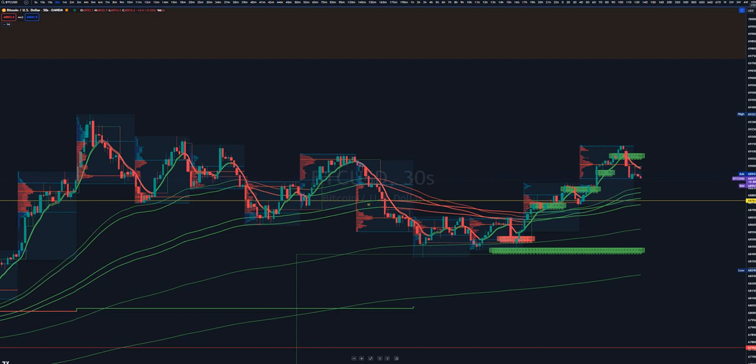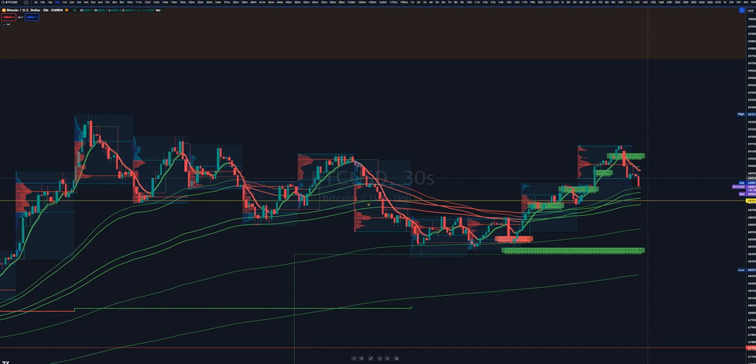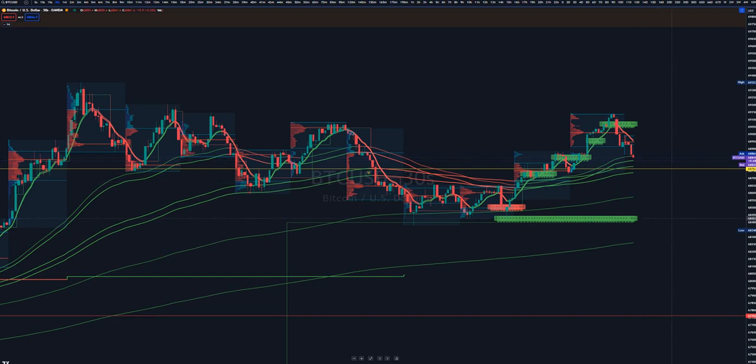Also, I will later calculate the open POC of tomorrow, maybe in some hours, and compare it to the shifted POC of yesterday. So you can go to my TradingView, read them, take a look, and use the numbers to mark them on your chart, and then you know this level could be very interesting if you are short.